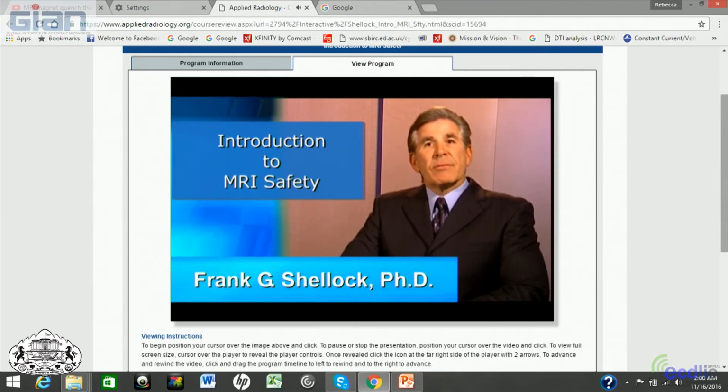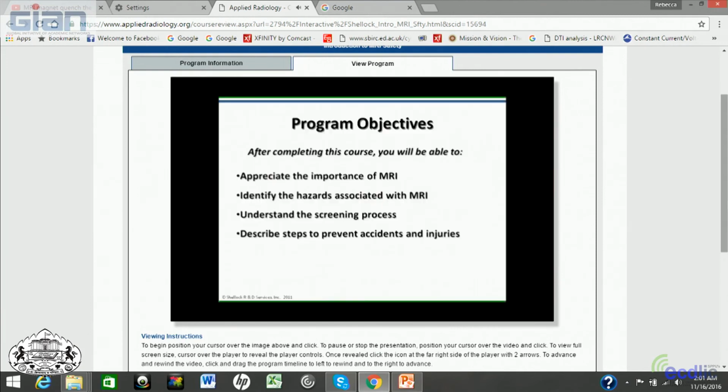Please be advised that this program does not replace any special policies and procedures that may exist at your facility. Nevertheless, it does provide you with extremely useful information that will help you to preserve a safe MRI environment. After completing this training program, you'll gain an appreciation for the importance of MRI as it is used as a diagnostic imaging technique.